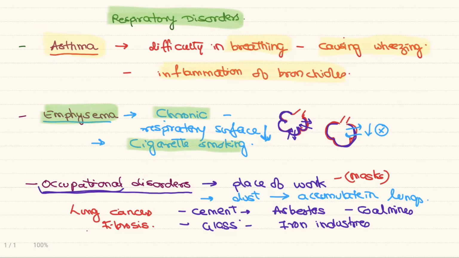During emphysema, the surface area of the alveoli decreases. The damage to the wall of the alveoli occurs. The third one is occupational disorders based upon the area of work. As the people inhale this dust every day, they can have problems such as lung cancers and fibrosis in the lungs. So by this, I complete the respiratory topic.